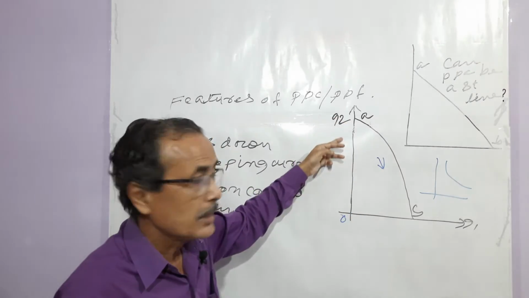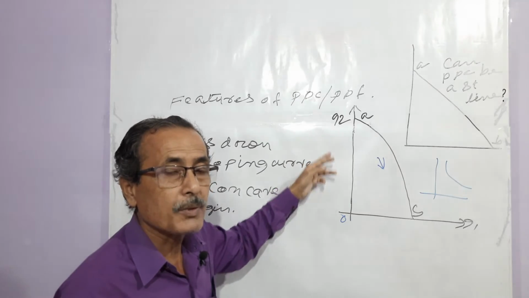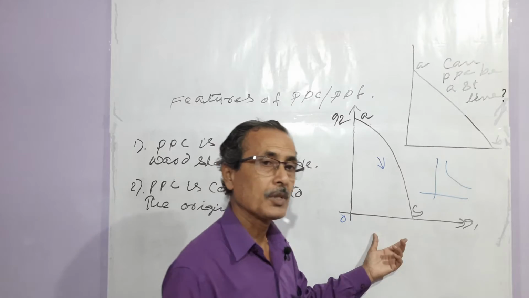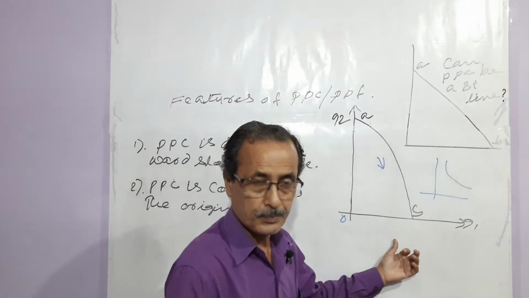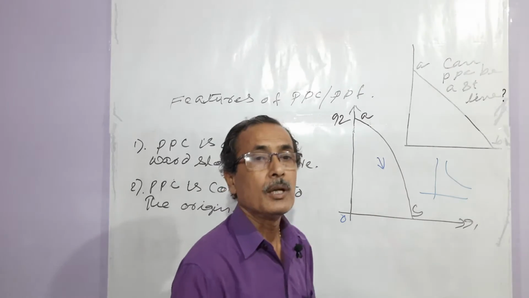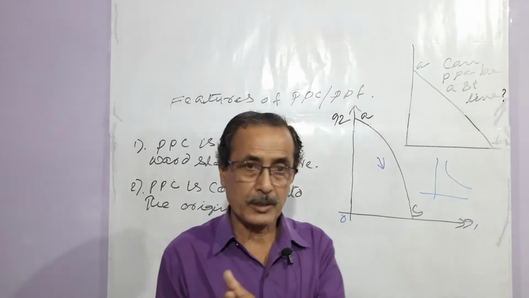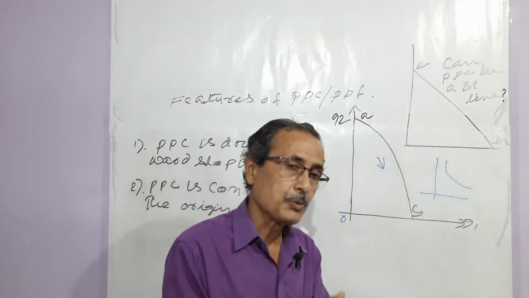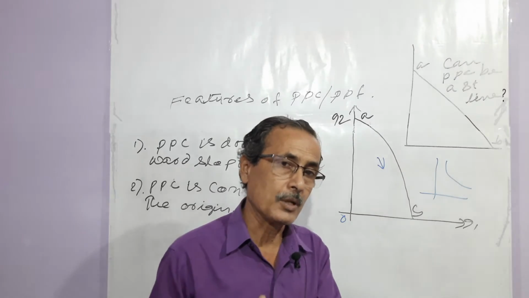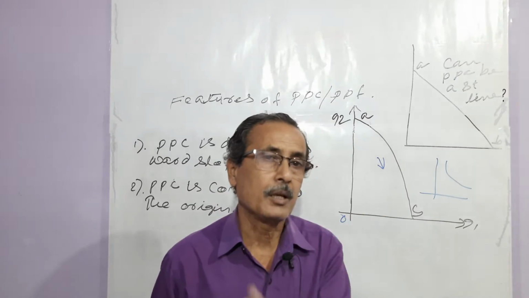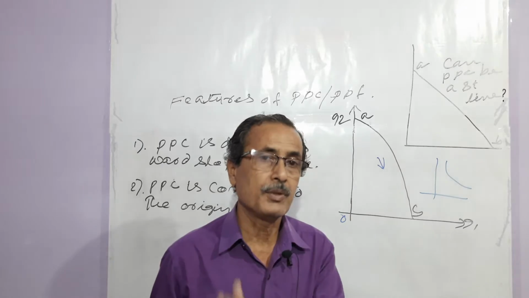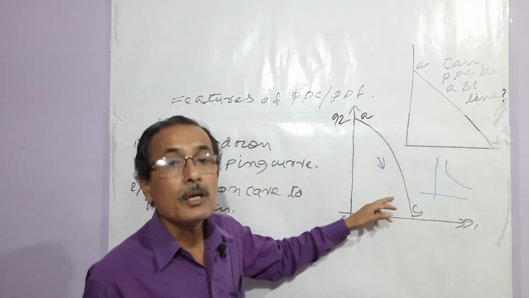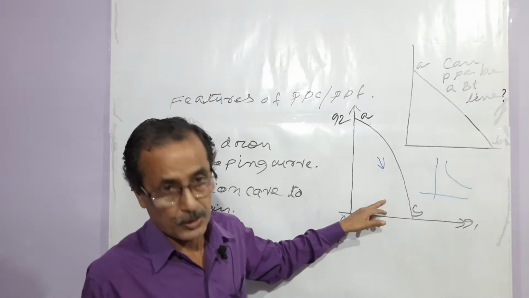In every stage you are getting one more. You are transforming from good 2 to good 1, and this transformation is in increasing order: first 1, then 2, 3, 4, 5. This is the reason this curve is concave to the origin.